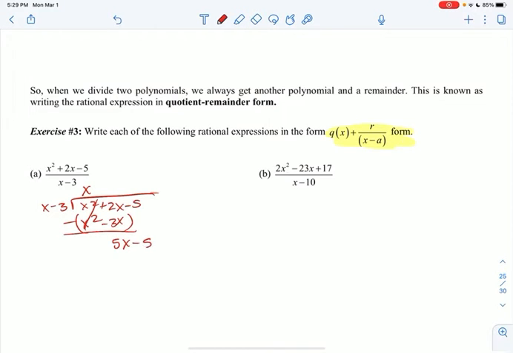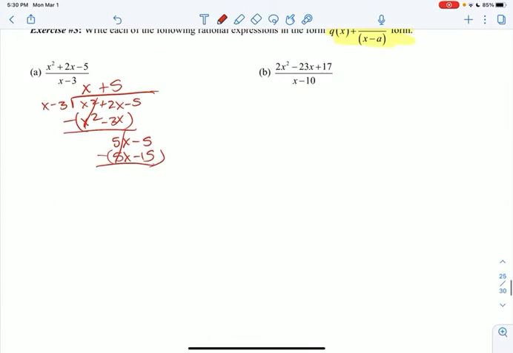Bring down the negative 5. x goes into 5x 5 times. And I multiply 5 times x minus 3, which is 5x minus 15. I cancel those 5x. Negative 5 minus negative 15 is actually 10. So my answer is x plus 5 plus the remainder over that original denominator of x minus 3.